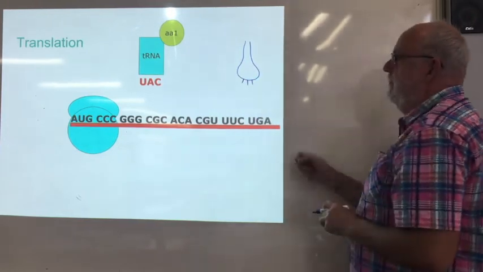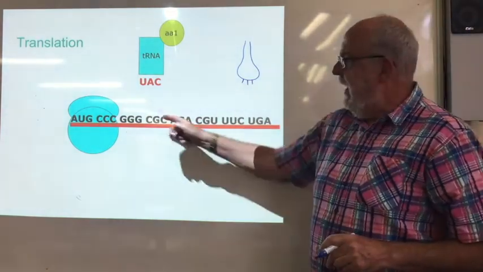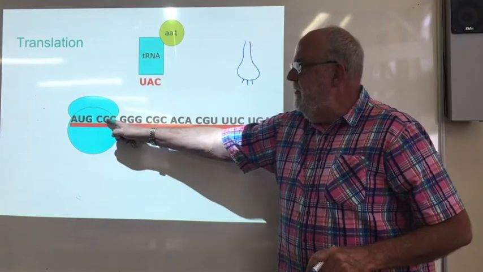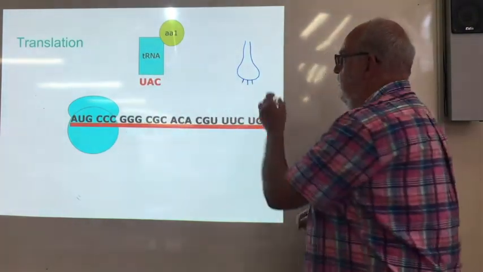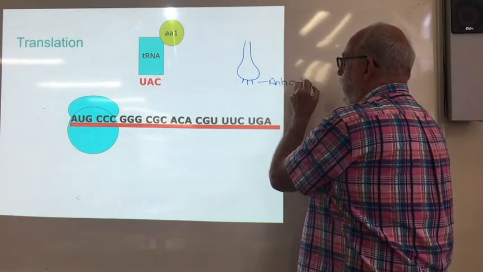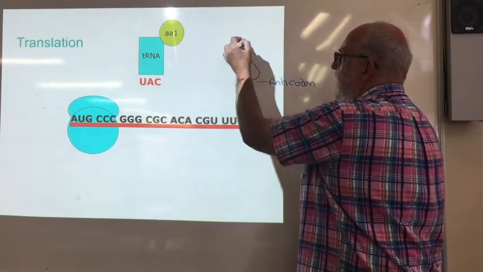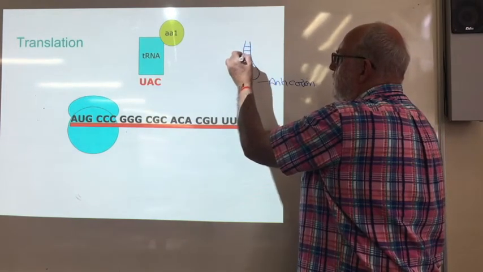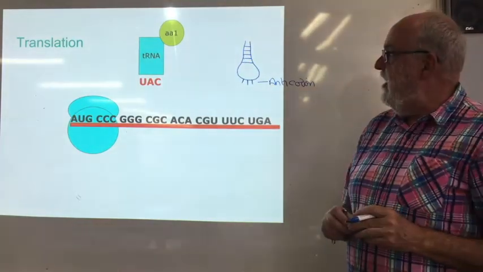It's got 3 bases sticking out from the bottom, and remembering that these are referred to as codons, this is an anticodon. And this is the strand of transfer RNA, and it does form bonds in various places to hold it together into the shape.